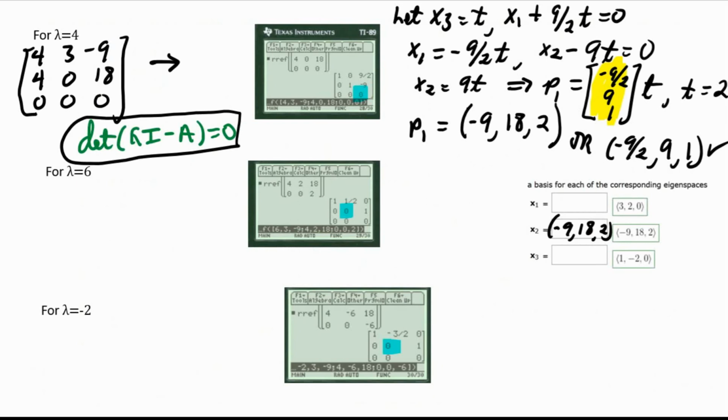So when we do that, the matrix that we end up with is 6, 4, 0, 3, 2, 0, -9, 18, and 2. And then that's reduced to this guy.